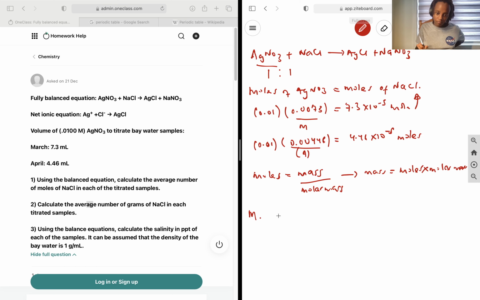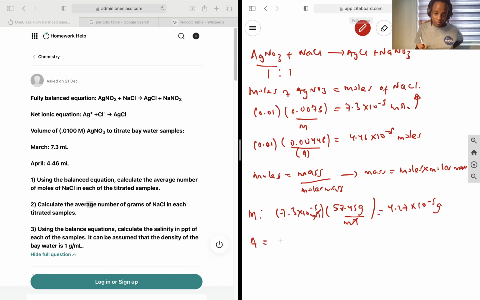So for the March sample, we will have 7.3 by 10 to the negative 5 multiplied by the molar mass of sodium chloride, and that's going to be 58.45 grams per mole, and of course this is in moles, so the units cancel, and we get 4.27 by 10 to the negative 3 grams.